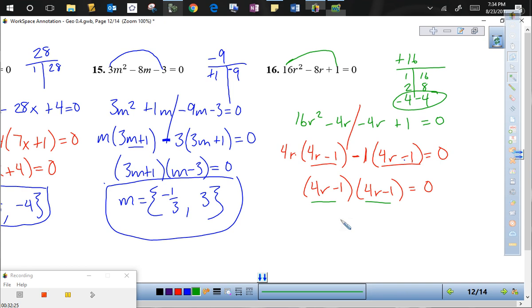Again, you can write them twice if you want, but you don't have to, because r, either way, is the opposite of negative 1 divided by this 4, which happens to be the same thing over here. Okay, so we've really got one unique solution here, because the other one looks just like it.